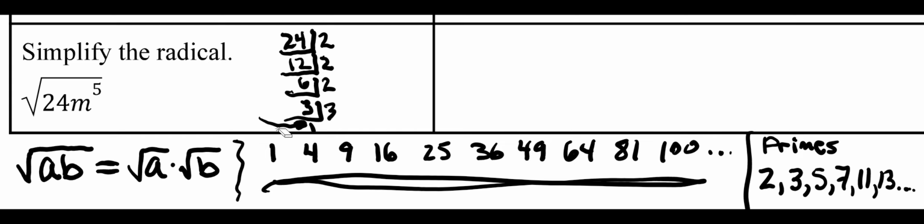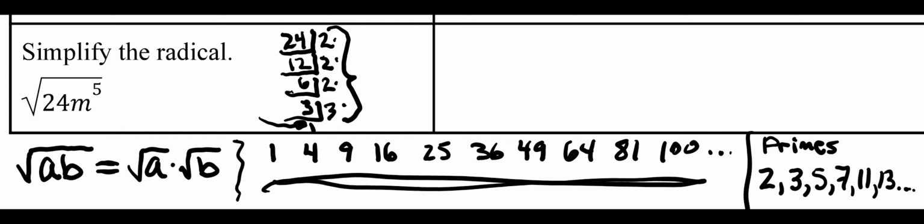And so the prime factors are right here. 2 times 2 is 4, times 2 is 8, and 8 times 3 is 24. You can do that in any order that you want, but those are the prime factors of 24.